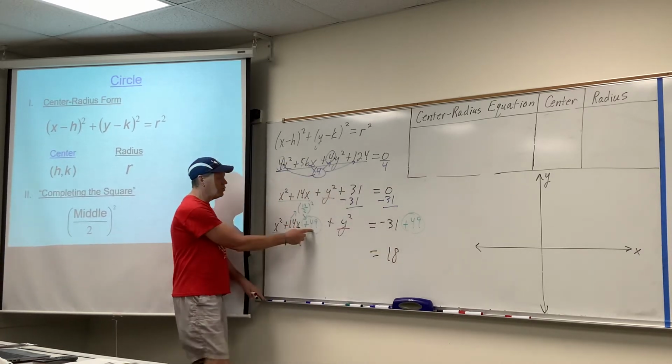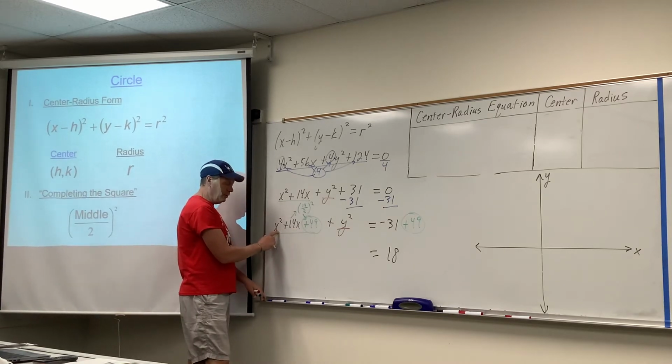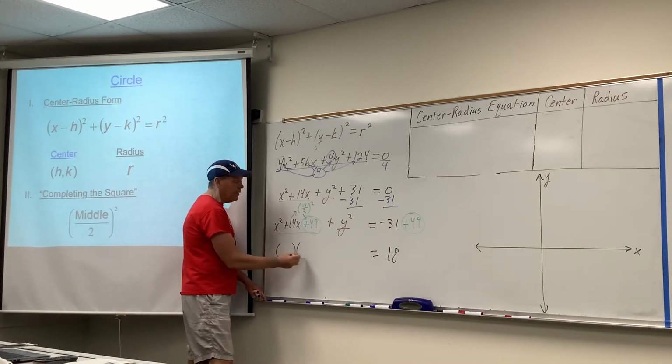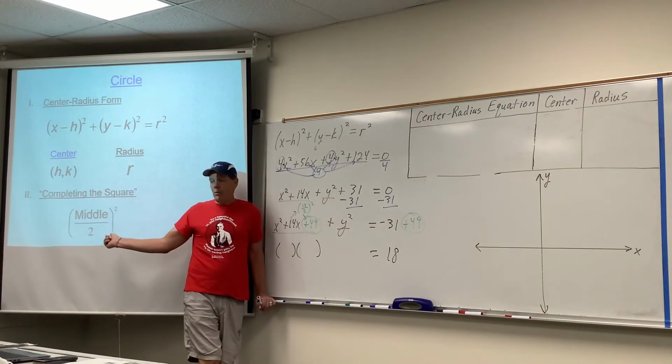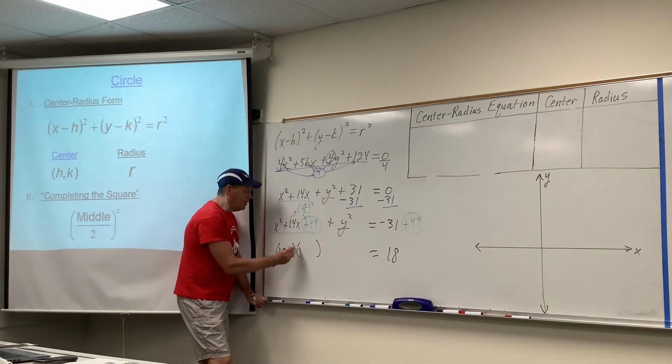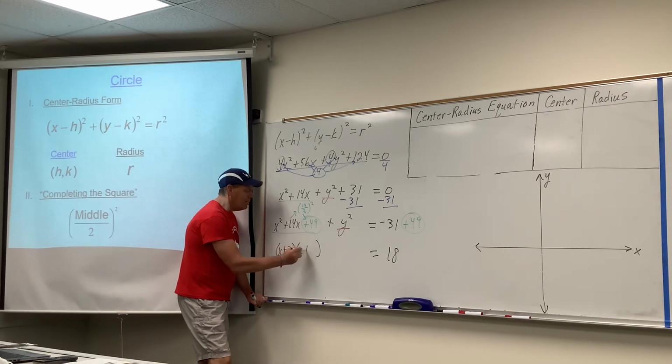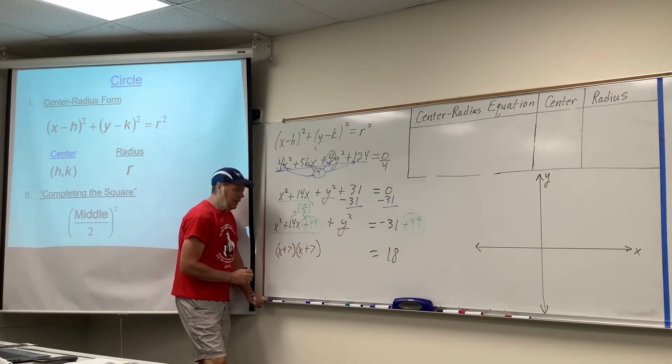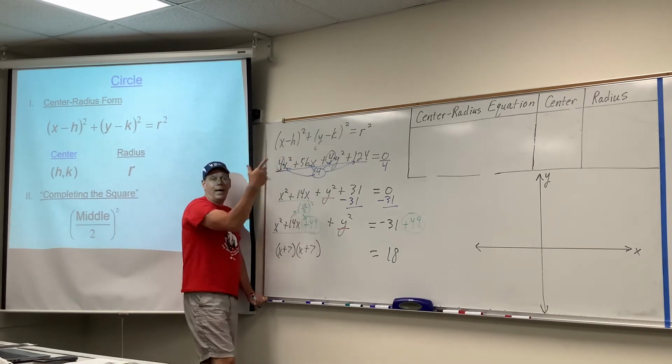And I hope that trinomial will factor. It should. Smart math people figured out what needs to be done to make sure it factors. In fact, not only should it factor, but you should get the same expression twice. In this case, x plus 7, x plus 7. Oh my gosh! Quantity squared, look at that.